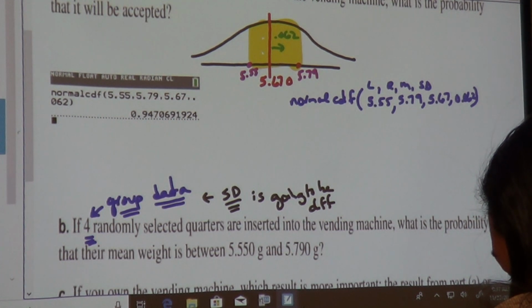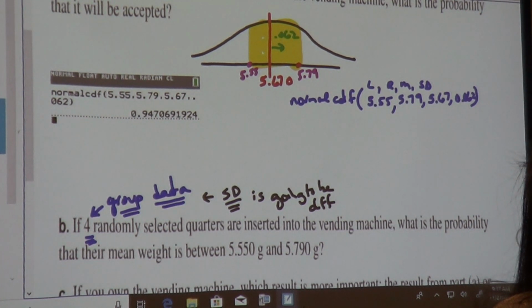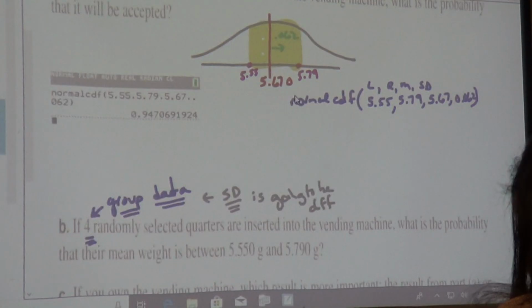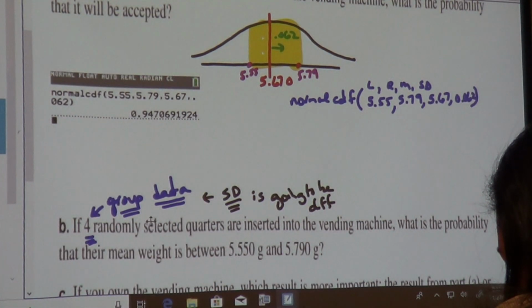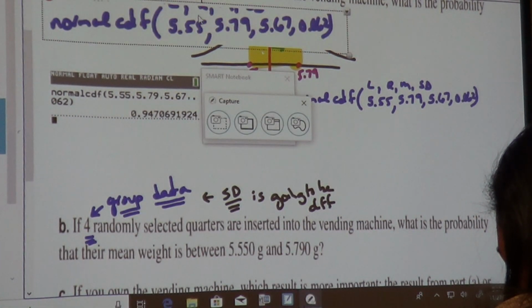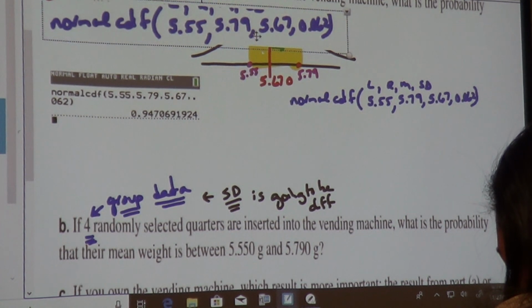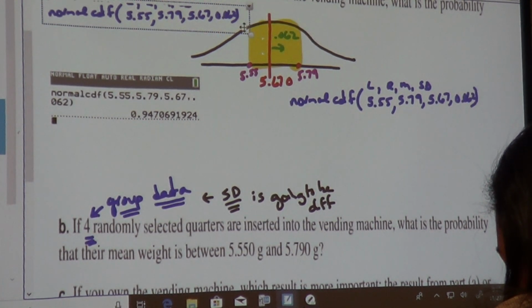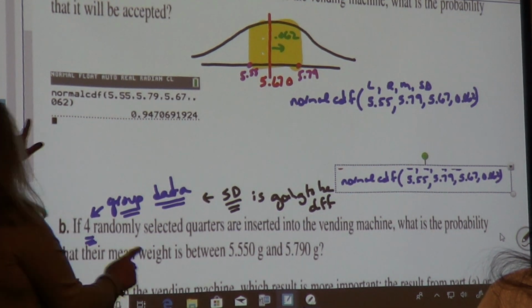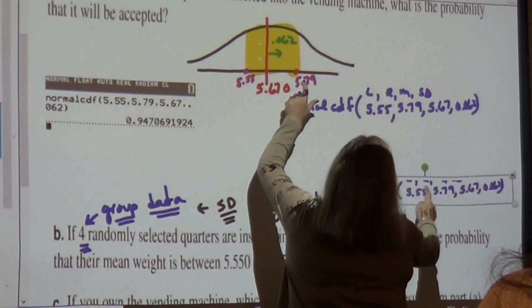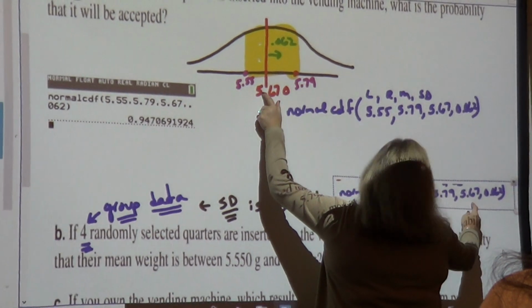I'm going to grab my little camera. Same exact problem, y'all. I'm pulling this over. My left is still the same, my right is still the same, and the mean is still the same.